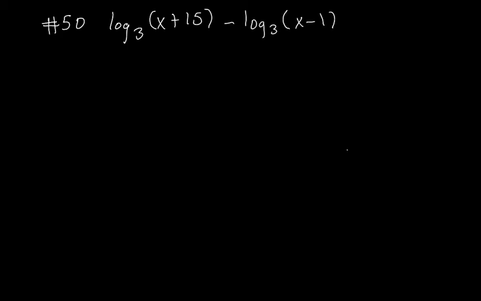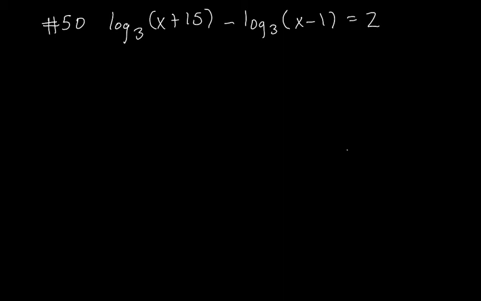Okay, for this problem, which is number 50, we have log base 3 of x plus 15 minus log base 3 of x minus 1 equals 2. So this one's a little more complicated, but we'll get there just step by step.